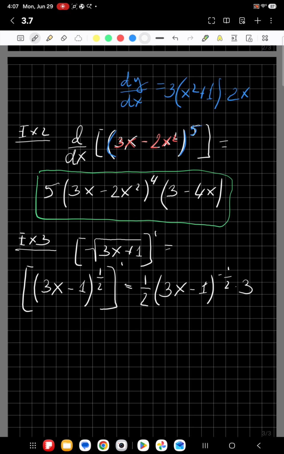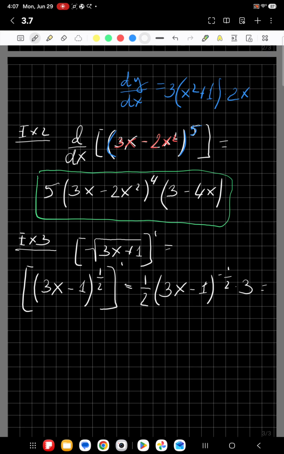Okay, and yeah, so let's write the final answer. That negative in the exponent is going to push the whole thing into the denominator, but only this expression is under that negative exponent.